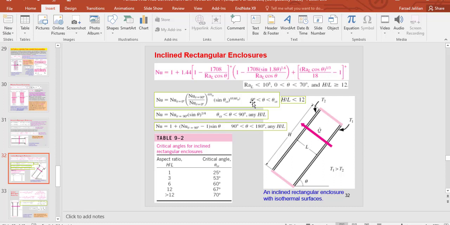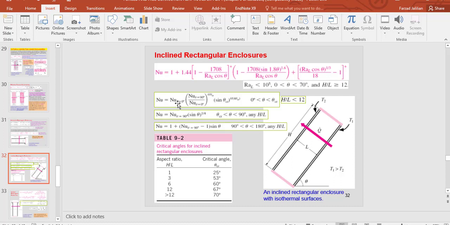For example, if the aspect ratio is 1, this theta critical will be 25 degrees. So imagine theta is between 0 and 25 degrees, and then we can use this equation to find the Nusselt number.